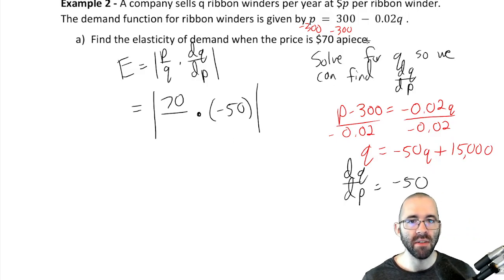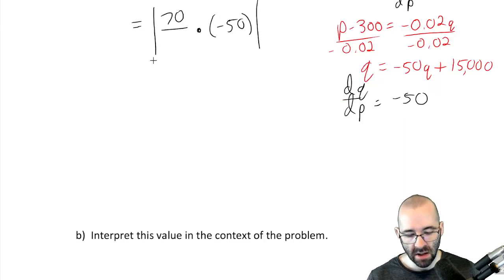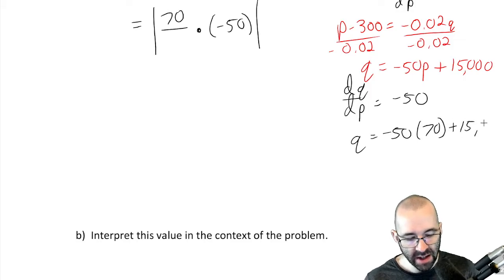So when P equals 70, what's Q? You can use either one of these. We already solved for Q, so using the bottom one's a little easier. Q is negative 50. Oh, dear, we got an issue here. That's supposed to be a P. Mind your P's and Q's. All right, so Q is negative 50 times P, which is 70 here, plus 15,000.